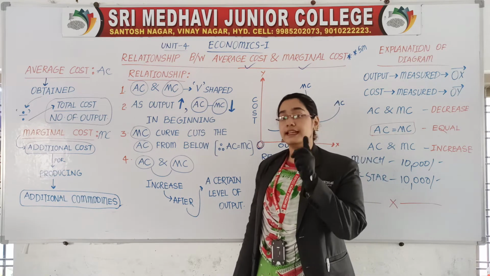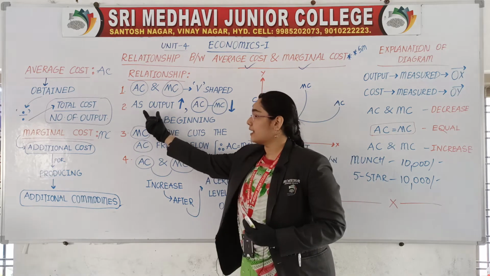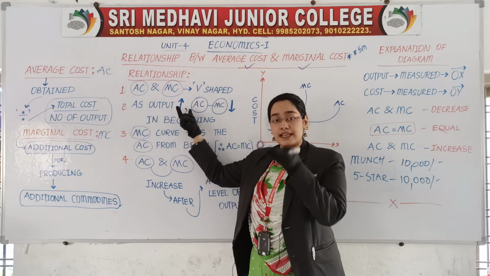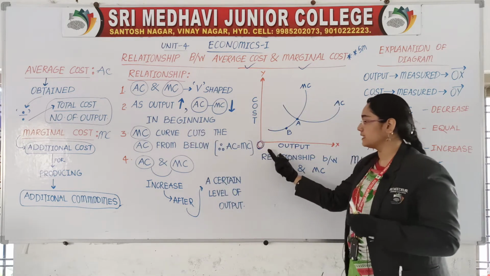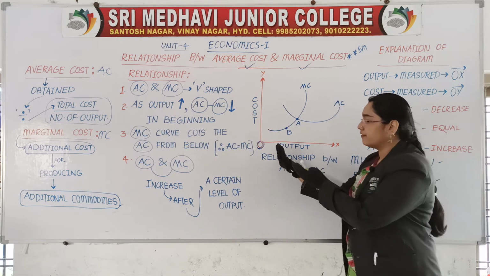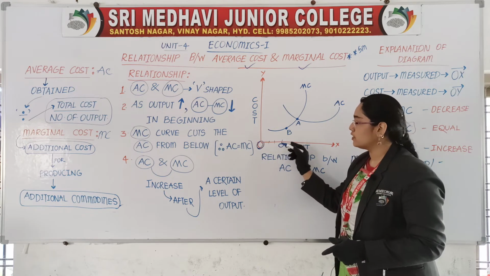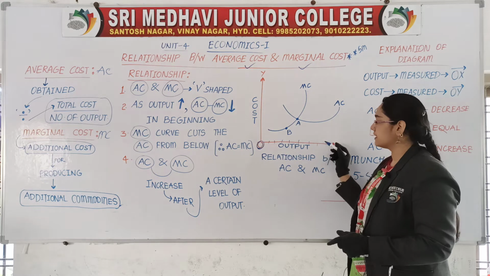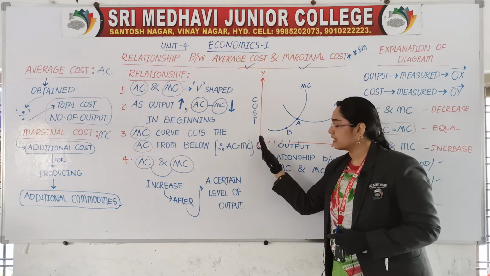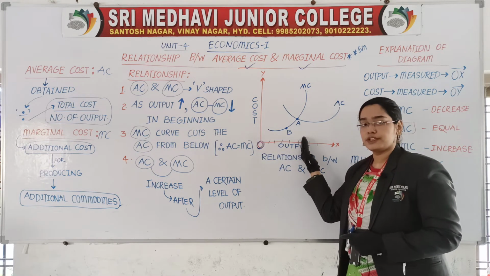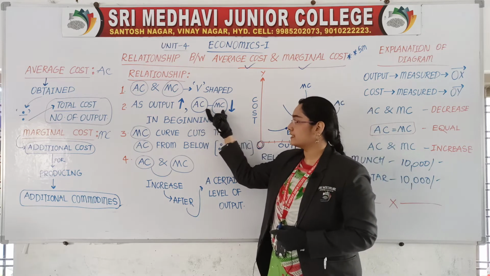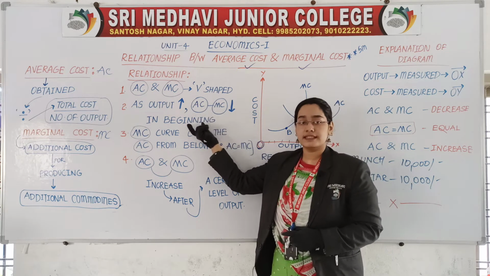Observe it carefully, listen carefully. As output increases, output means x-axis. Whenever I increase the output, here it's 0, 1, 2, 3, 4, 5, 6, 7. So as we increase the output, what happens? AC and MC will decrease in the beginning.